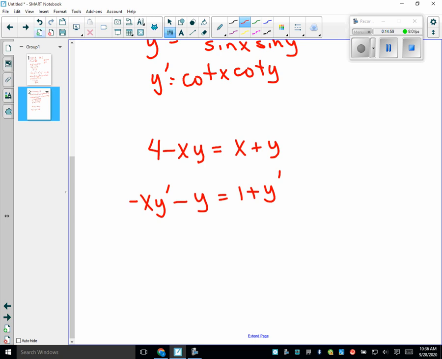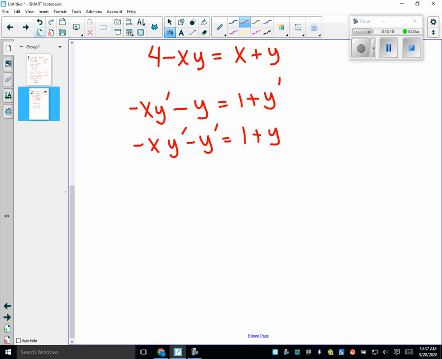I want the y primes on the left, numbers on the right. We all agree with that? Yeah.